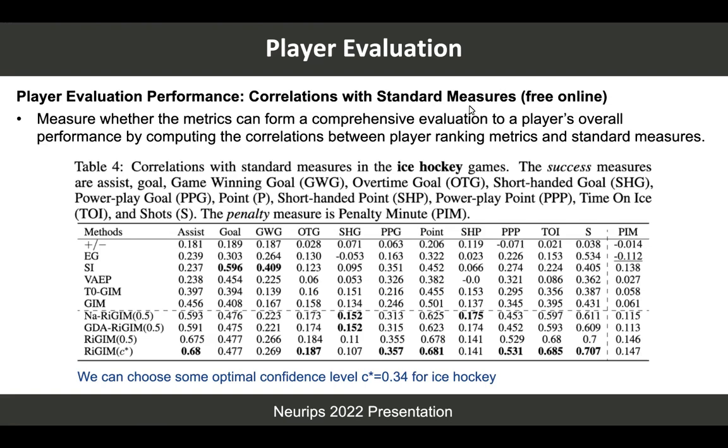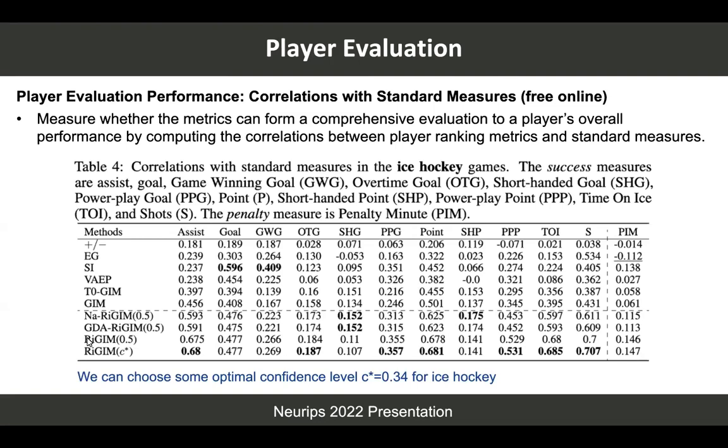These standard measures contain how many game-winning goals the player has achieved in the season, overtime goals, short-handed goals, power play goals, points, short-handed points, all these statistics. The NHL website, for example, uses these statistics to rank players. So we want to see if our player ranking also has a very high correlation with these standard measures.